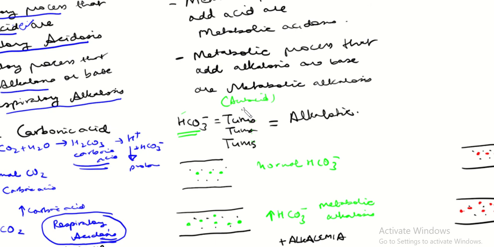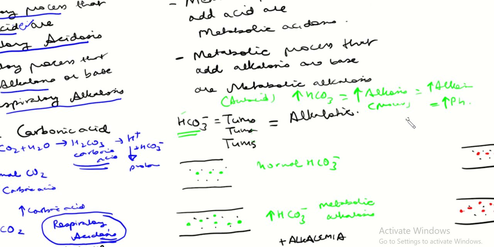So it's the yin to our yang. It's the female to our male. It's the cold to our hot. It is our base to our acid. So more bicarb, or more alkalosis brought on by the process, equals more alkalemia, equals higher pH.